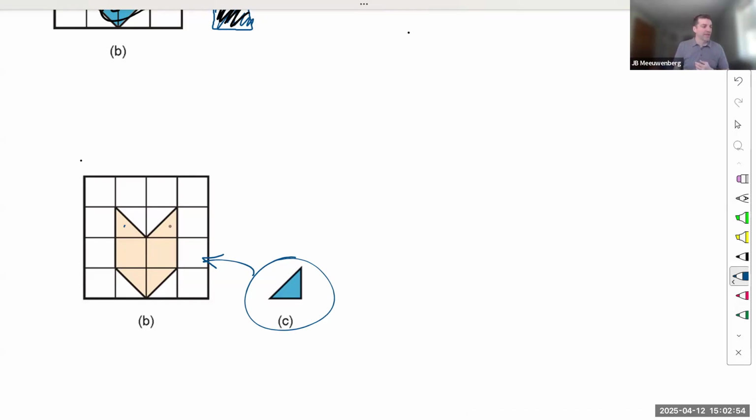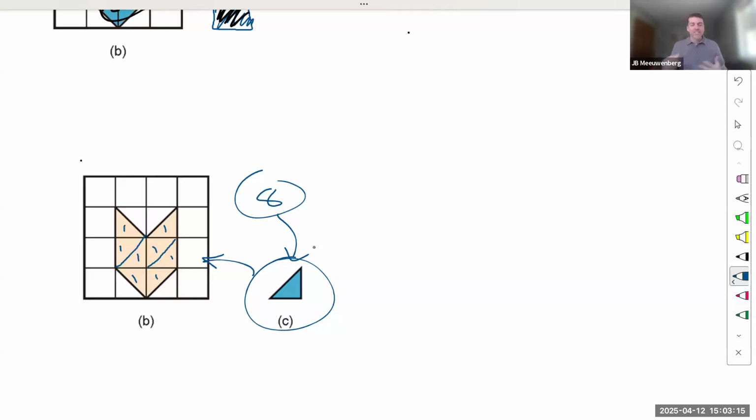We have one here, another one here. Even though they're rotated a little bit, and we might have to cut these squares in half, we have another one here, cut this one in half, 2 more, and then 2 more. We had 8 total of those small triangles that would cover that figure.